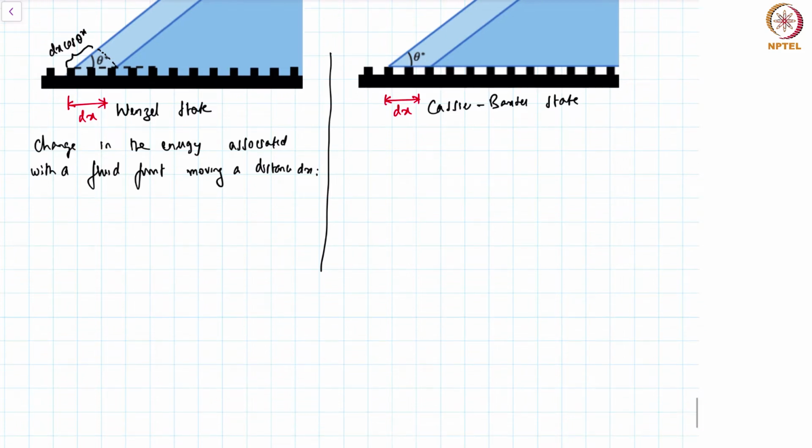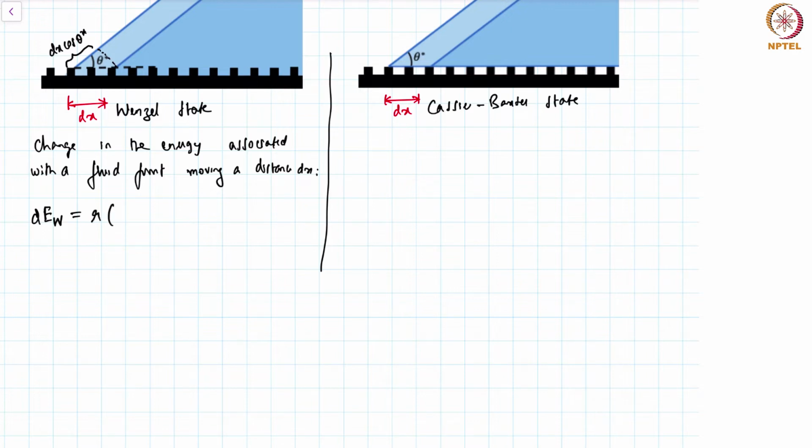So the change in the energy, we'll call it dE_W, where the subscript W represents that we are writing this for a Wenzel state. This quantity would be R, the roughness element, times (gamma SL minus gamma S) dx.